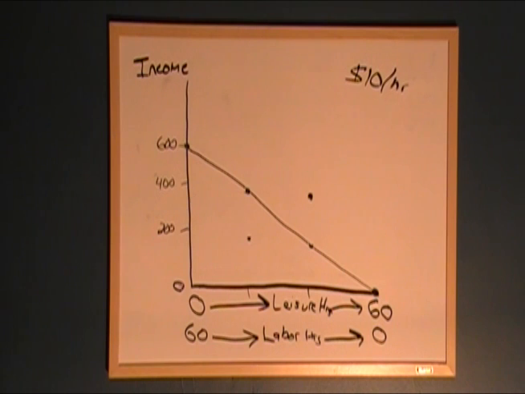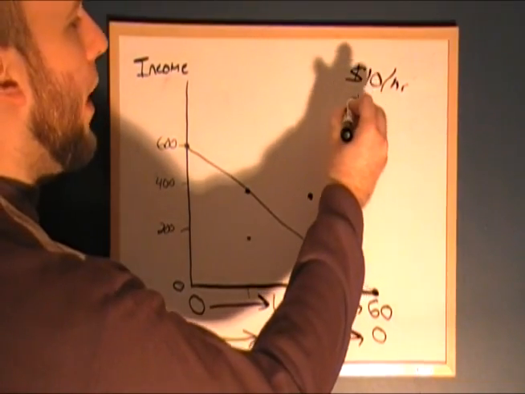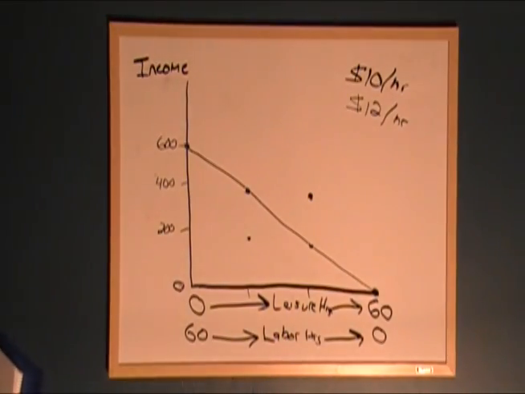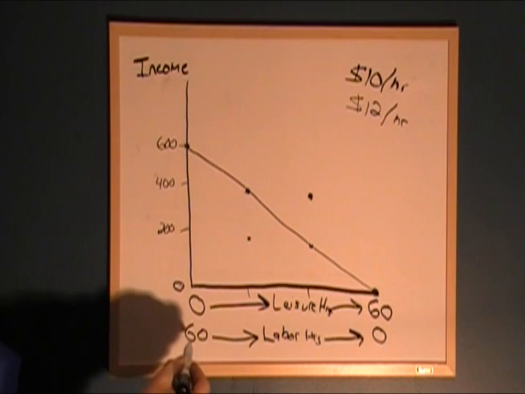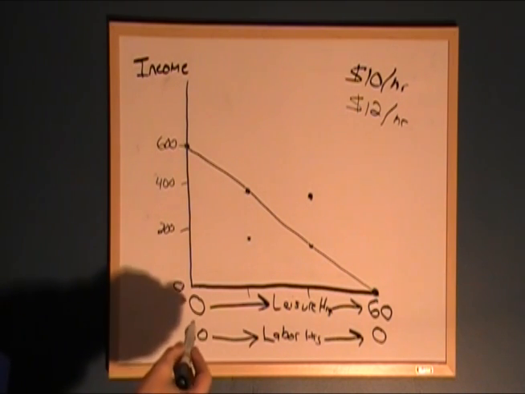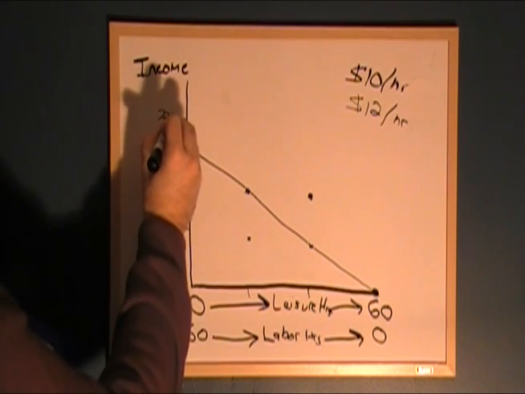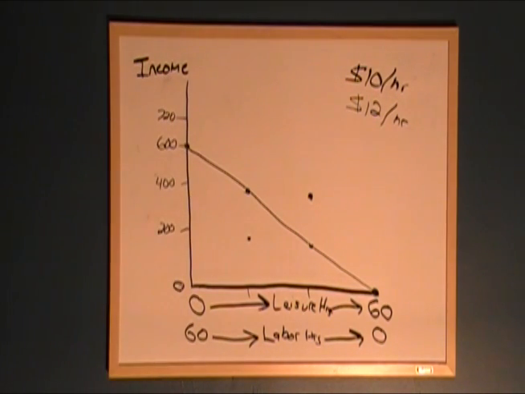The main type of change that we could see in this budget constraint is going to be through a change in wage. Let's show what happens when the wage increases to $12 an hour. If we were to work 60 hours in a week at $12 an hour, our income would be $720.